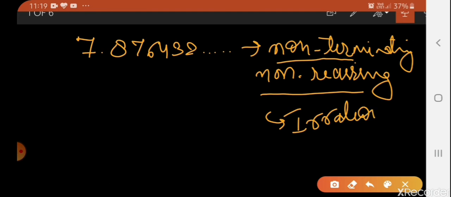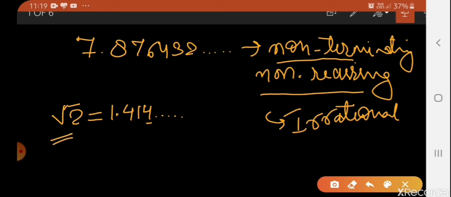For example, root 2. If you try to find out the value of root 2, it will be something like 1.414 and so on. Means after the last digit 4, what will be the next digit? You don't know unless you find the value of root 2. And you cannot put the bar on any digit as we have done in previous questions.